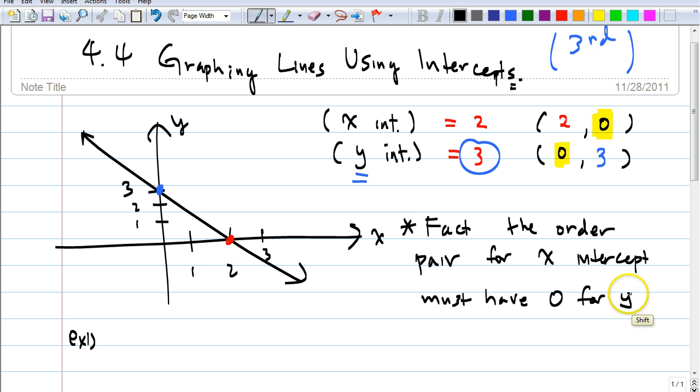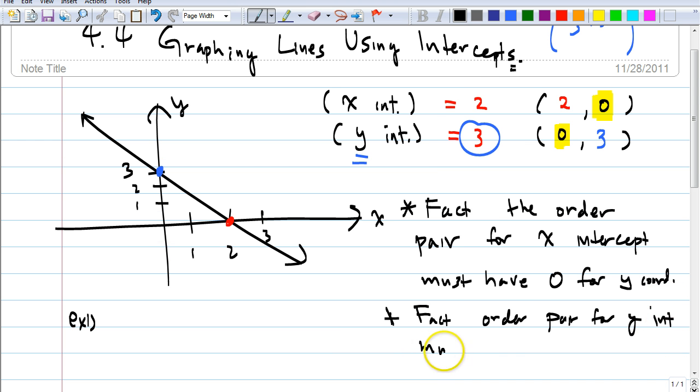Y coordinate. What's the second fact? The ordered pair for the y-intercept must have zero for which coordinate? X coordinate. Does that make sense?